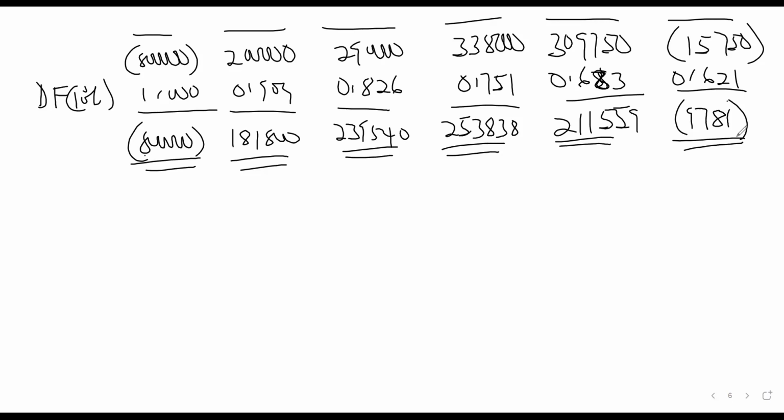What are they asking again? They're asking you to calculate the IRR. So we have used 10%, and what is the positive NPV that we have gotten? 76,956.5.